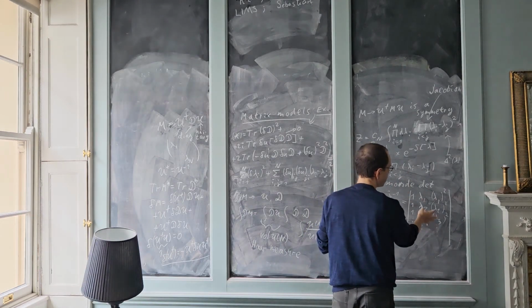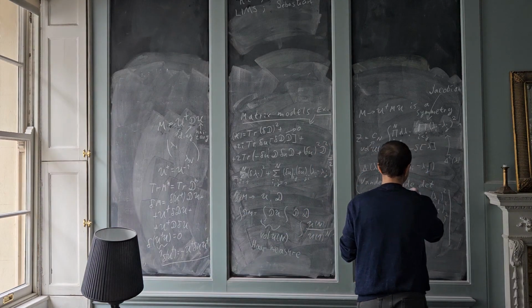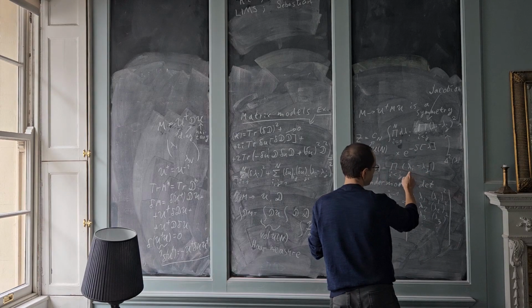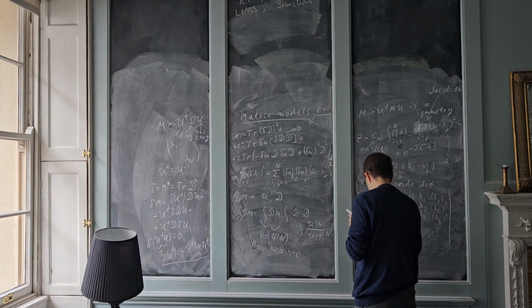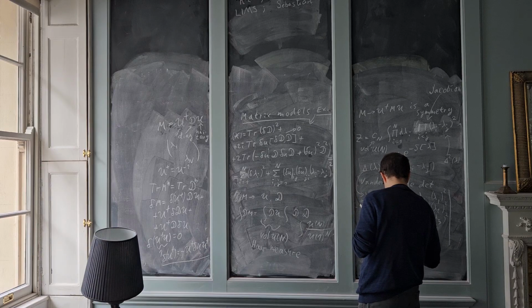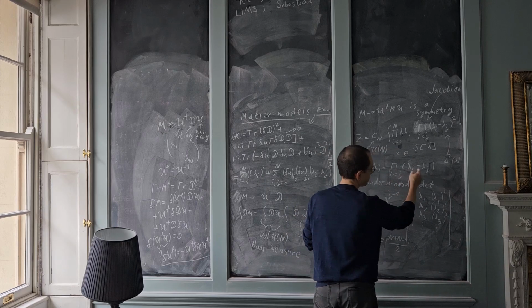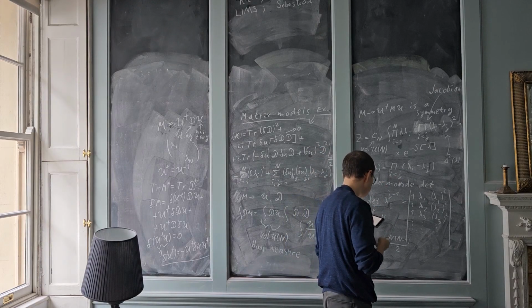So observe that both of them are polynomials in lambda. Let's look at the degrees of these polynomials. Let's pick one variable, say lambda 1. Then the degree with respect to lambda 1 will be n minus 1 over 2 here, because that's the number of factors where lambda 1 appears.